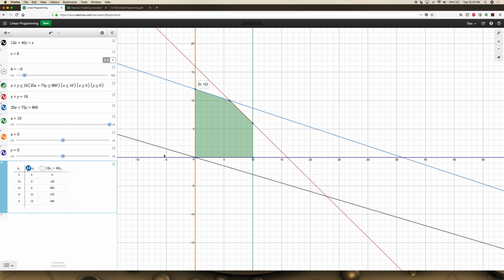Now you might wonder, she could raise up to 16 pigs. Why would she stop at 12? Well, that's because at 12 pigs, we run into this blue line here, which is the bound for the amount of money that she has. So she only has the money to raise 12 pigs. She can't raise any more than that.